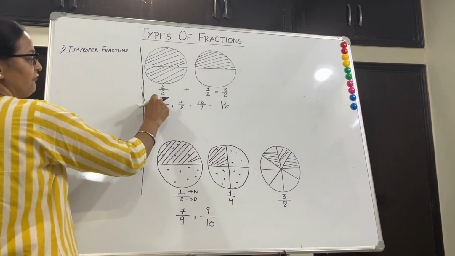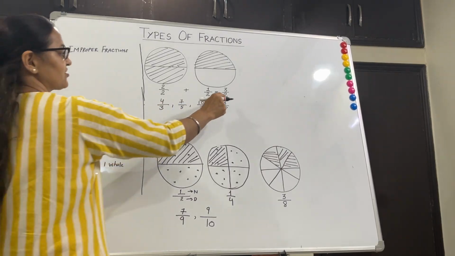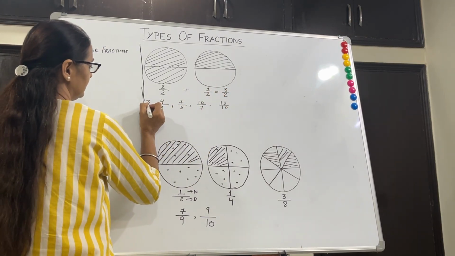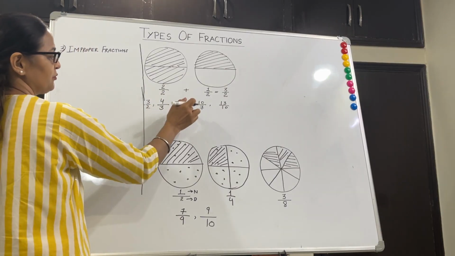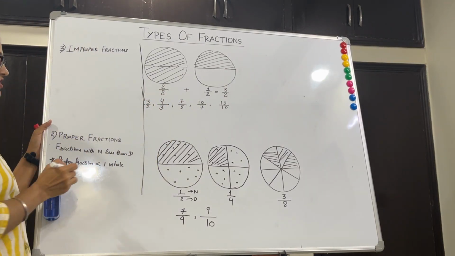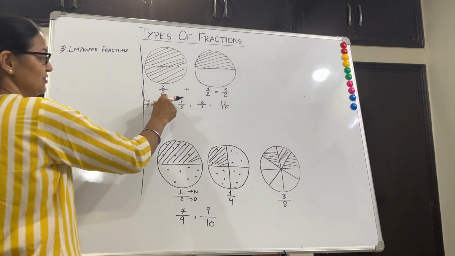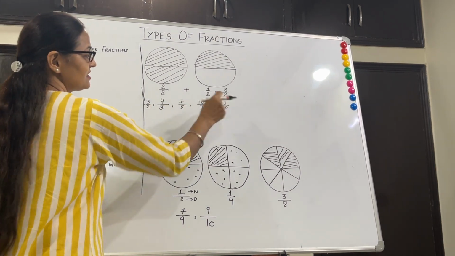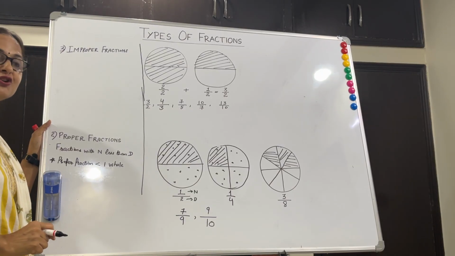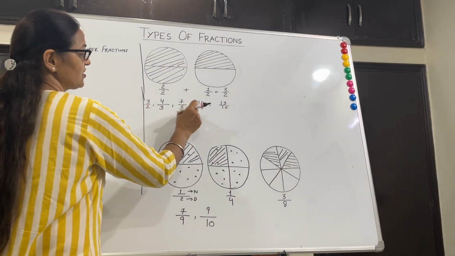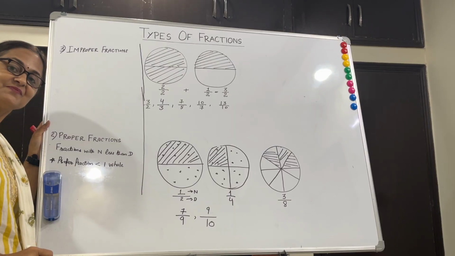So if you see in all these fractions, 3/2, 4/3, 7/5, in all these fractions, numerator is greater than denominator. Can you see? So such fractions are called improper fractions.